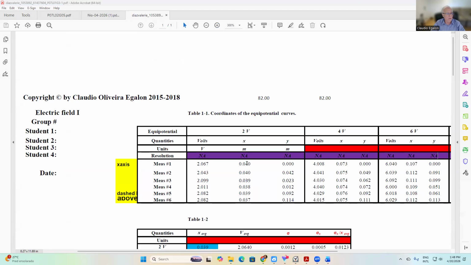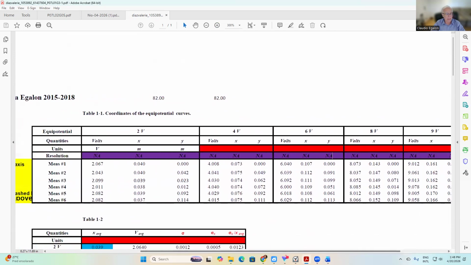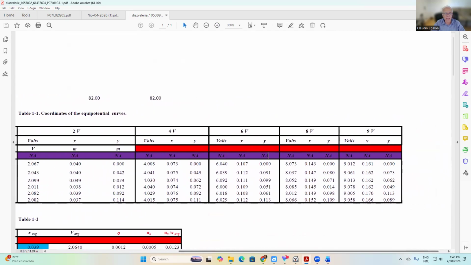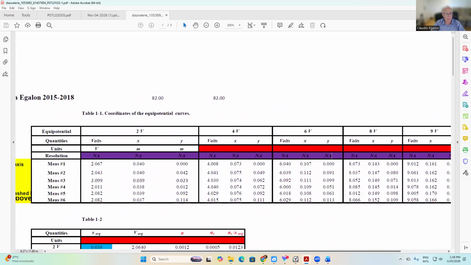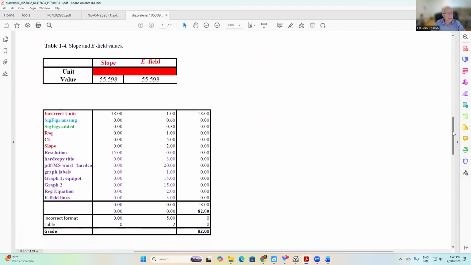So in this case, this student didn't put the units, volts, meter, and so on, right? And if you miss a unit, you have this red color code in your lab report. And the color code is right in this table at the bottom.